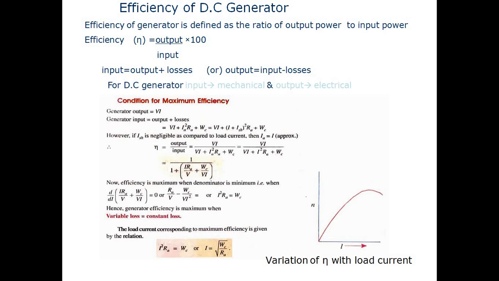Hence generator efficiency is maximum when variable losses are equal to constant losses. The load corresponding to maximum efficiency is given by the relation, here I squared into Ra is equal to Wc, or I is equal to the root of Wc divided by Ra. Here are the characteristics of current and efficiency.